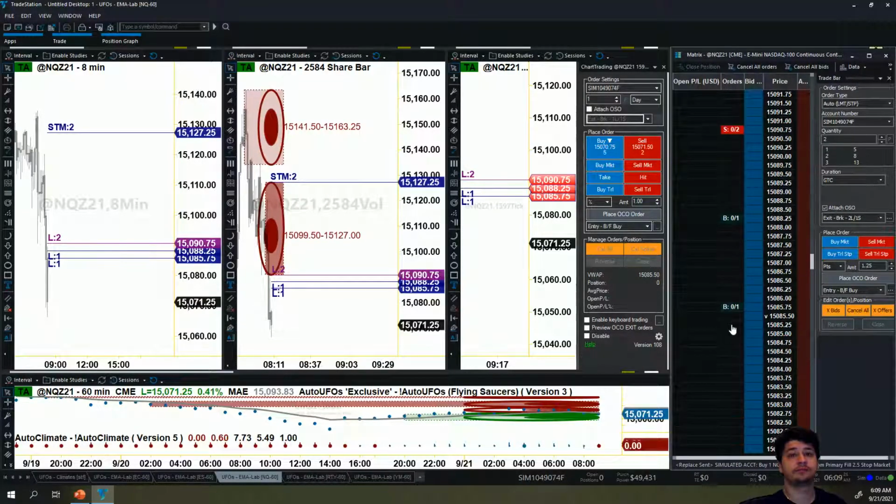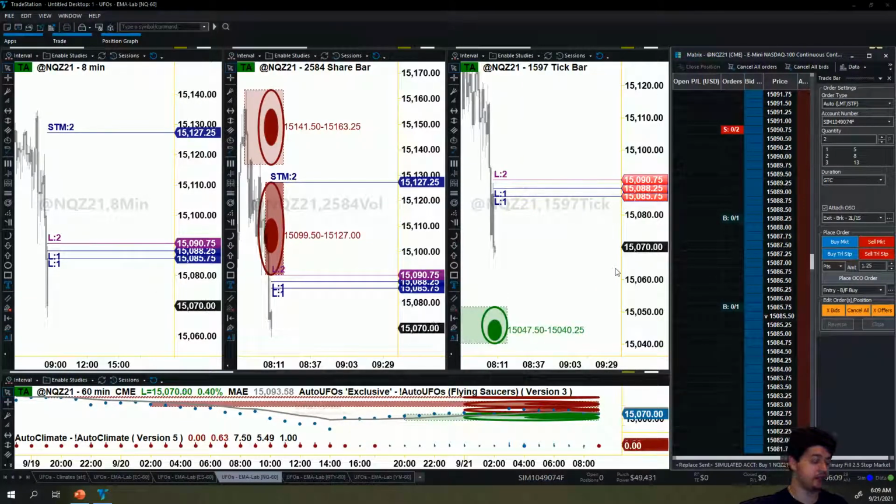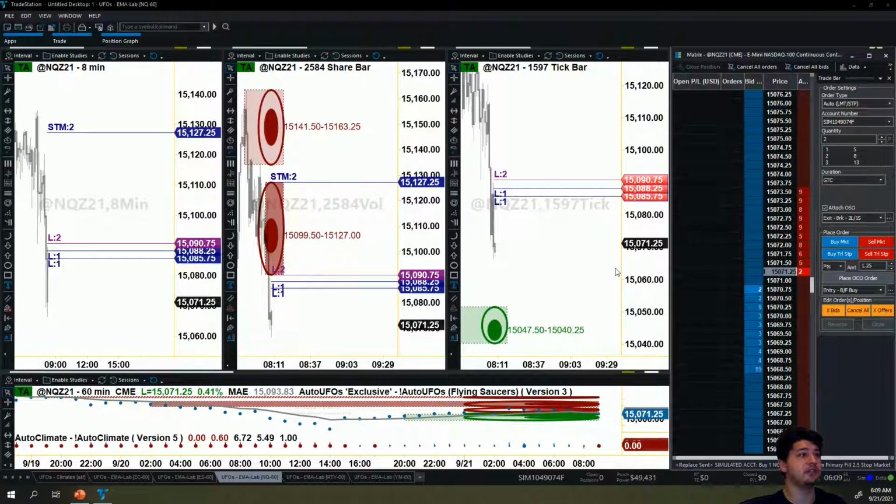Okay. So let's do the math real quick. If our stop is at 15,127.25, our entry at 15,090.75, we're looking at 36.5 points. Okay, so that's, as I said, a substantial amount of risk, really not something that I will be taking myself on the live account.